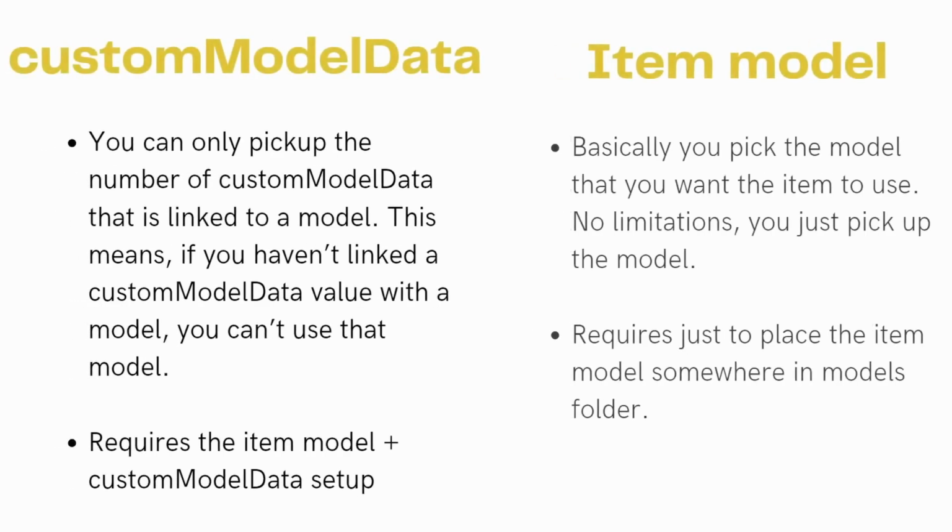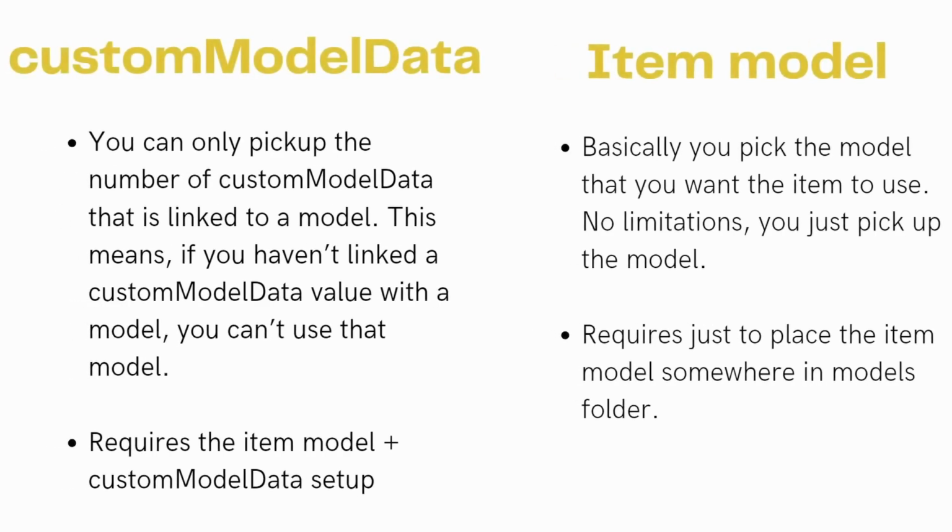What is the item model? If you have already created texture packs, you may know what this is. But before, when using custom model data, what we do is select a custom model data number, for example custom model data 5, and we say, hey, if the item has custom model data 5, use this item model.